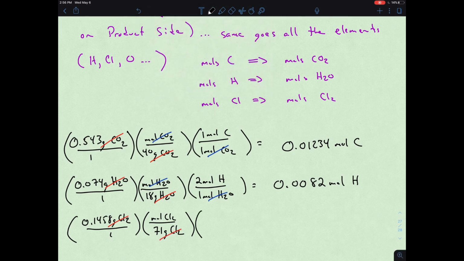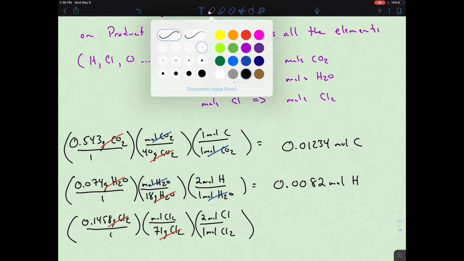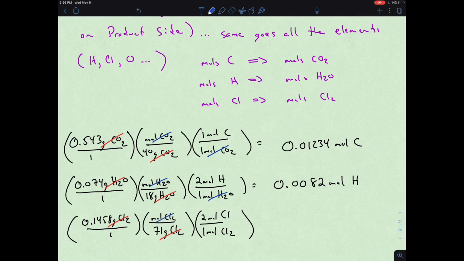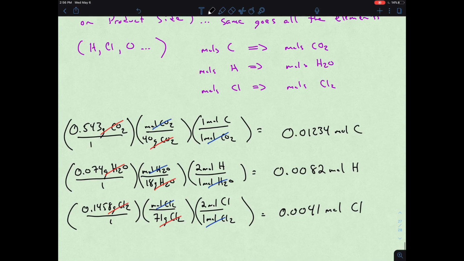And then for every 1 mole of Cl2, we get 2 moles of that monoatomic chlorine. And so that gives us a mole value of 0.0041 moles of our chlorine.